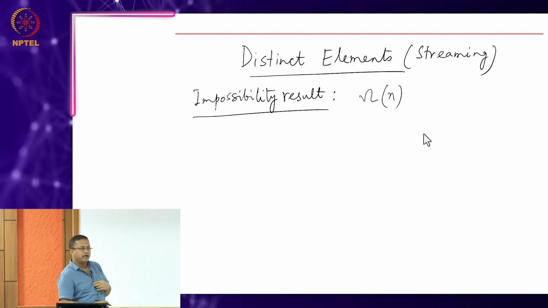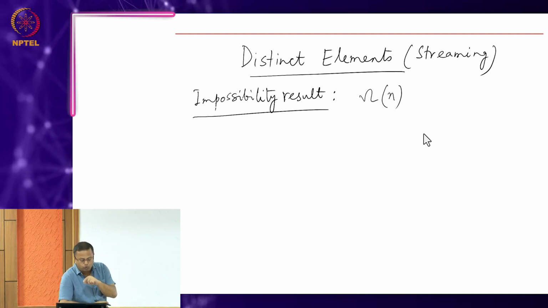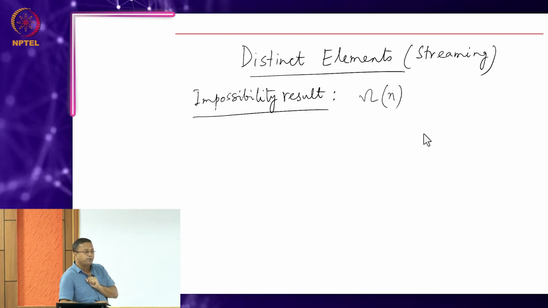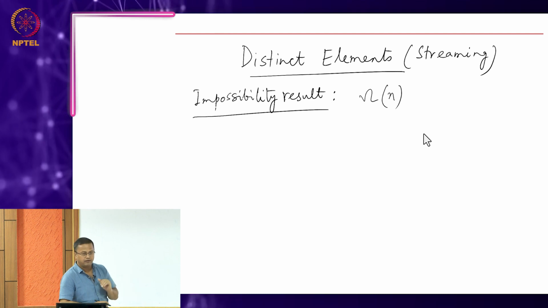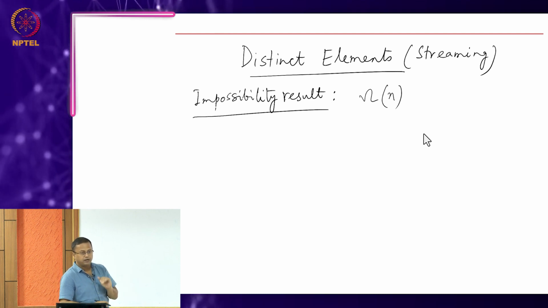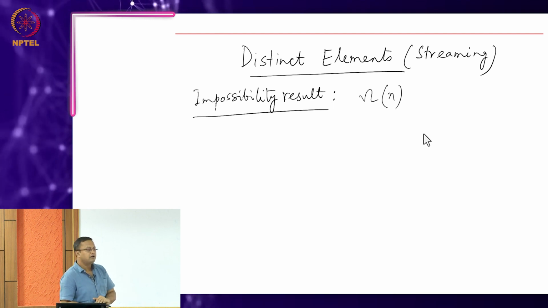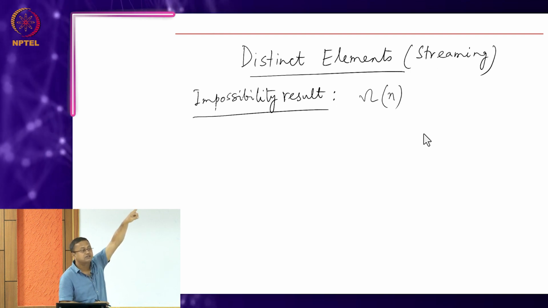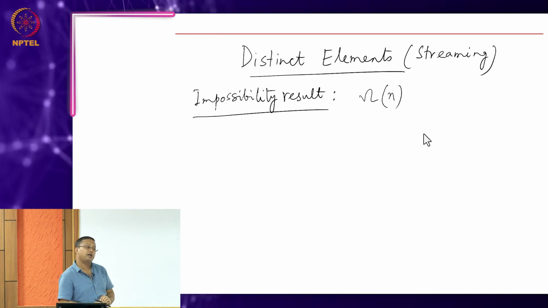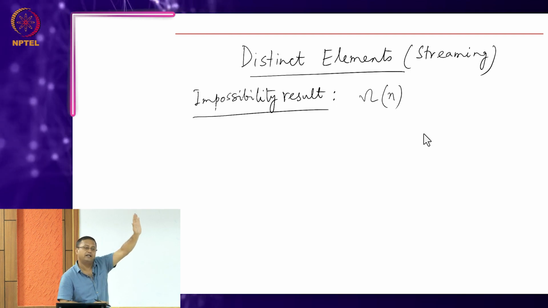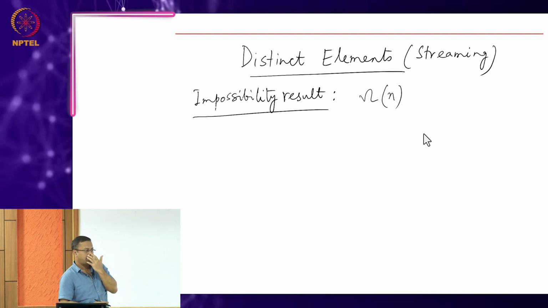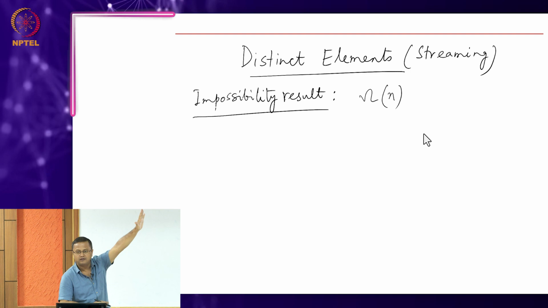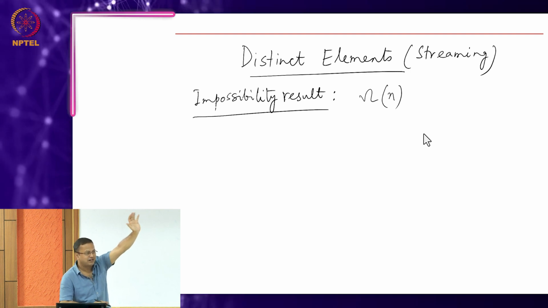It says that if you could solve this distinct elements problem in space asymptotically better than n, then you could have solved some other problem in some other domain which already has a standing impossibility result, because someone else has proved that impossibility result, hoping that the proof is correct, so that result holds.